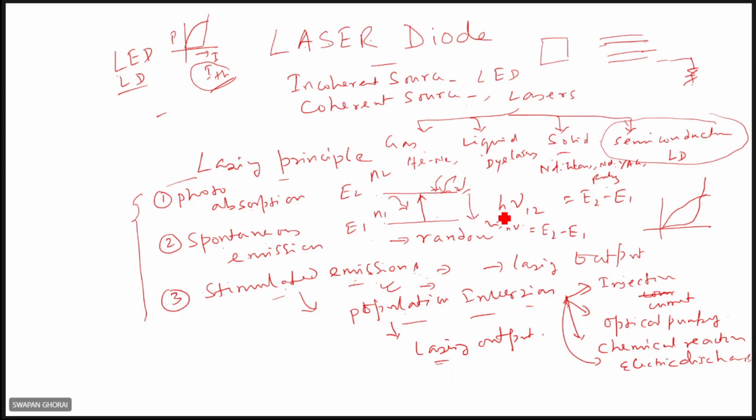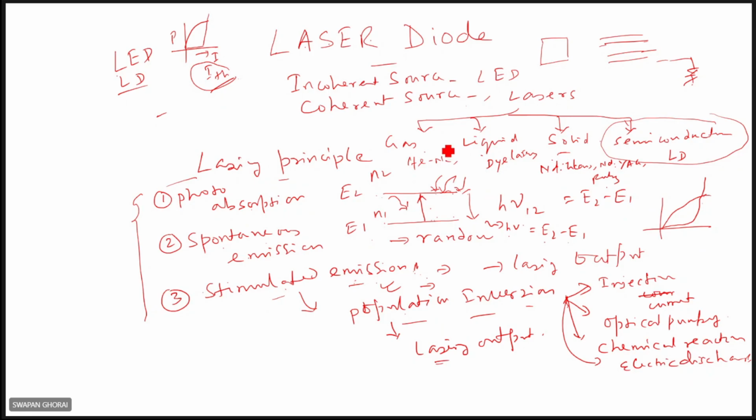In case of absorption, that is h nu, 1 to 2 absorption, that is E2 minus E1, lower level to upper level. And whenever there is a transition from upper level to lower level, then energy will be released. That is h nu, actually E2 minus E1. That is as per Planck's law.